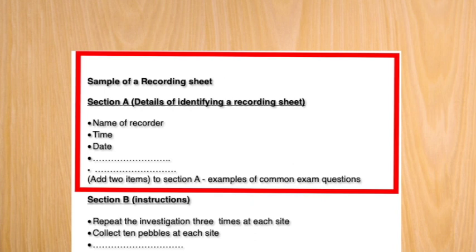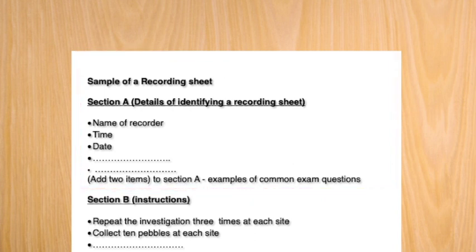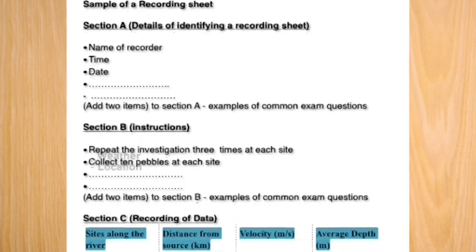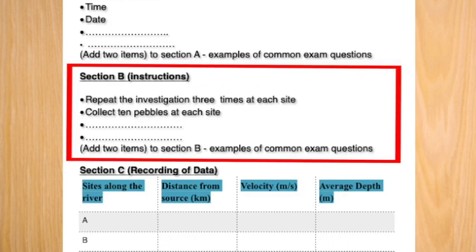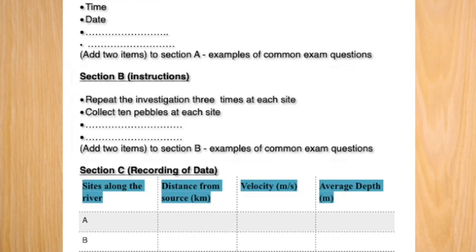Section A contains details for identifying the recording sheet. These include details such as name of recorder, time, date, weather, location, or site. Section B contains instructions for the researcher.